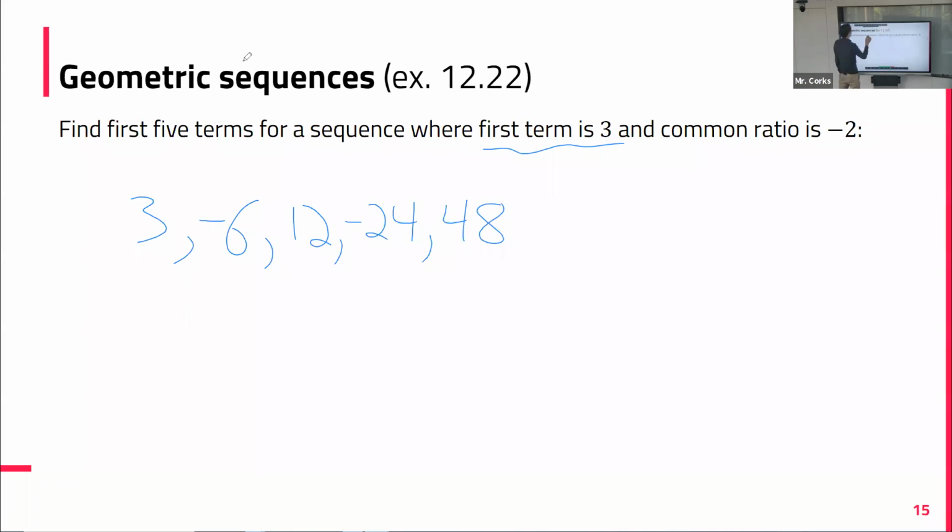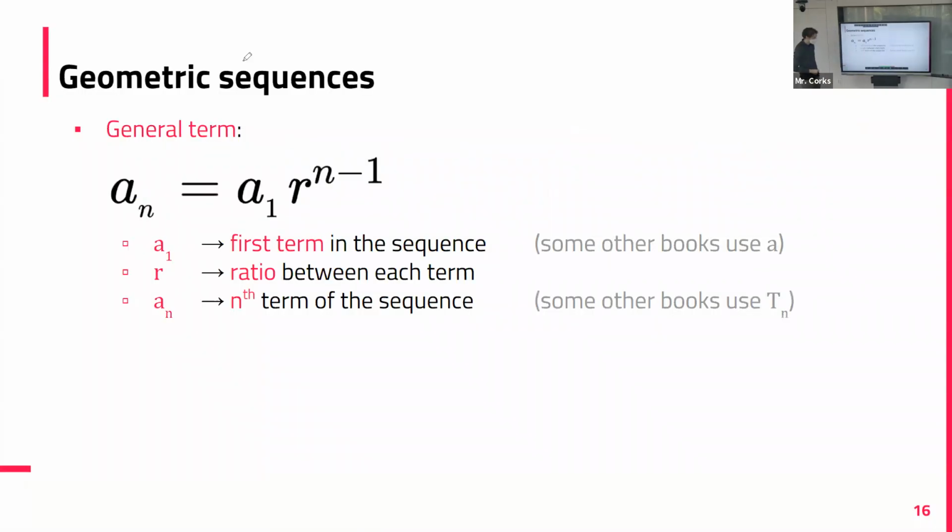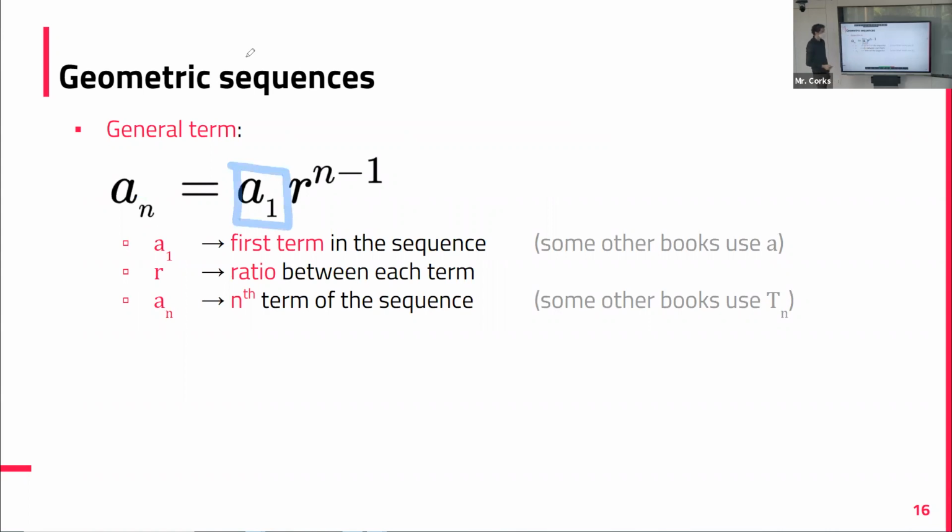Like we had for the arithmetic sequences, we also have a formula for these geometric sequences. Very intuitive, it's what we expect. We just start with A1 and then we multiply by R a whole bunch of times. How many times? N minus 1.